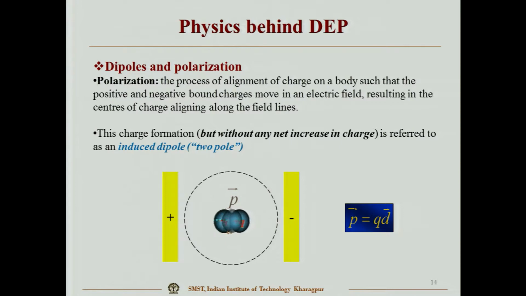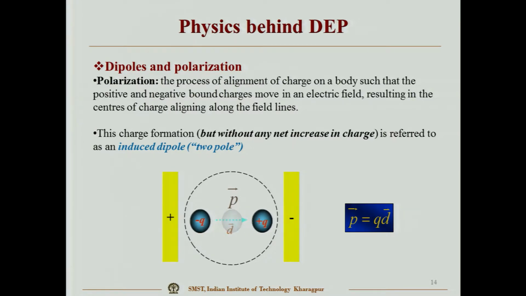Now, if I put the particle inside an electric field, this side you have a positive and this side you have a negative potential. So, you have a uniform electric field across this, but due to the presence of positive and negative charges, the charges present in the particle will be separated. Negative charge will go towards this and positive charge will go towards this.